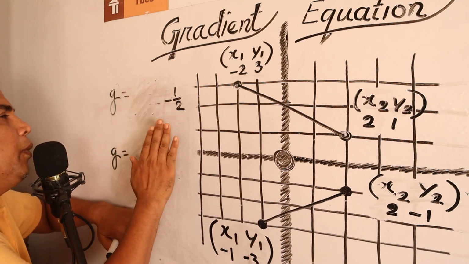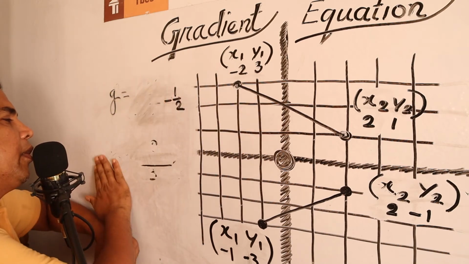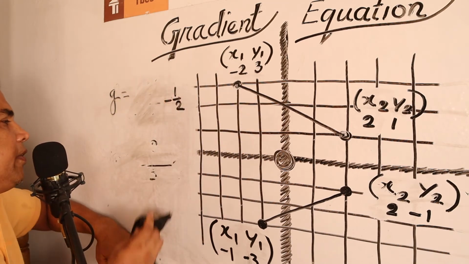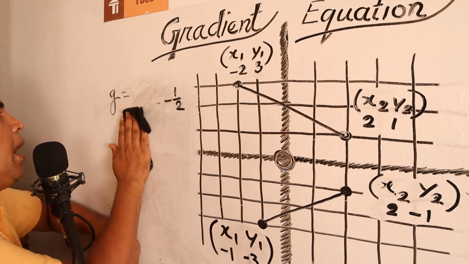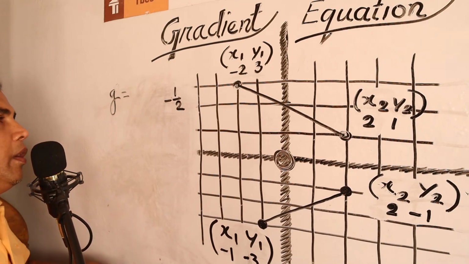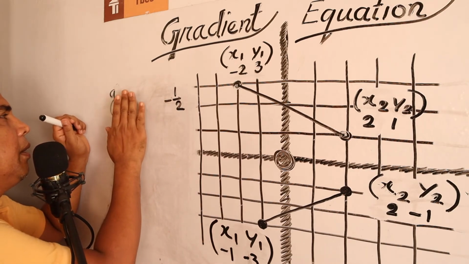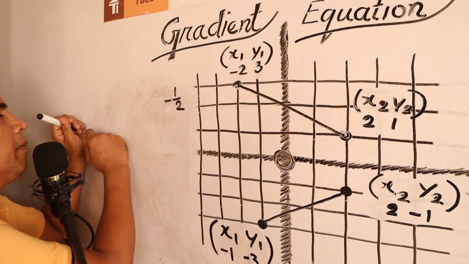Now we want to make the equation of this part. I am erasing this one. Now I want to make the equation of this one. The value of gradient is minus half, right?